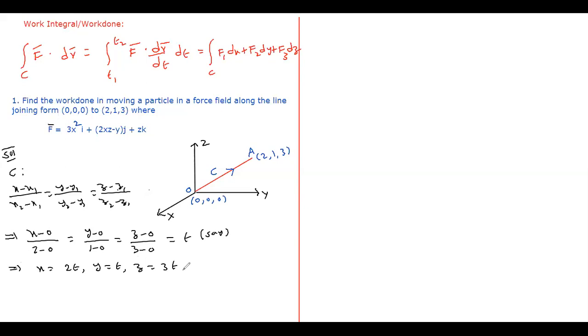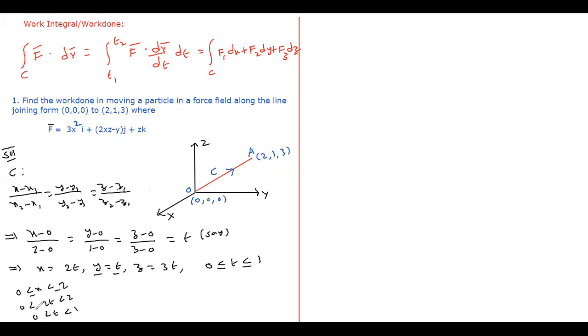Therefore, how is t varying? You need to find out the range for t. See, what is t? t is nothing but y. Can you see that? And we know y varies from 0 to 1. Therefore, t is also varying from 0 to 1. Or if you say x is varying from 0 to 2, x is nothing but 2t, so when you divide by 2, you will get t varying from 0 to 1 only.